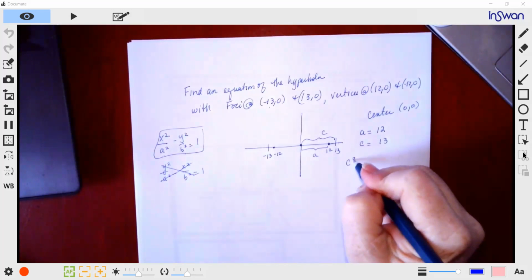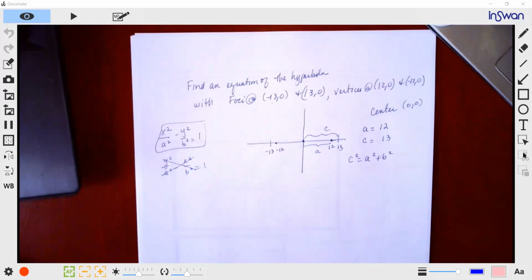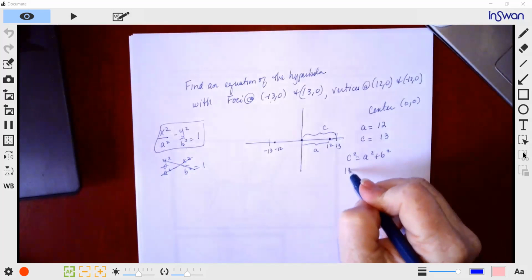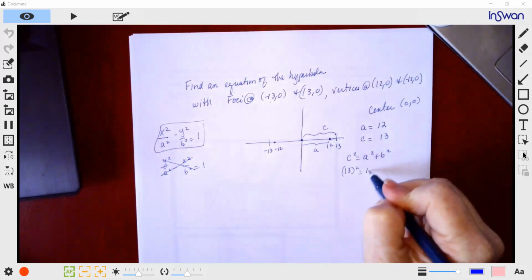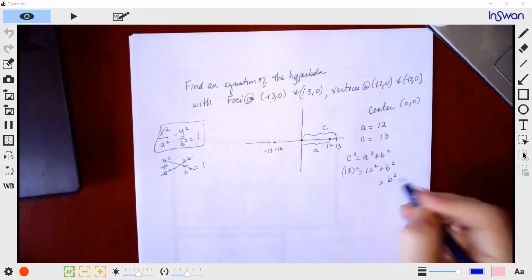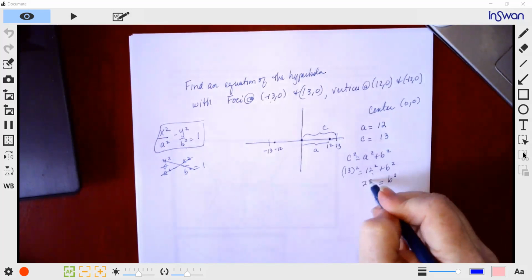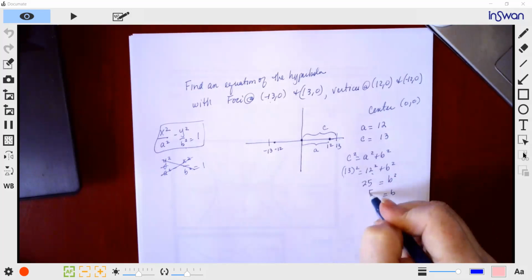Well, we know C squared is equal to A squared plus B squared for a hyperbola. So we would have 13 squared is equal to 12 squared plus B squared, or B squared is 169 minus 144, which is 25. So B will be 5.